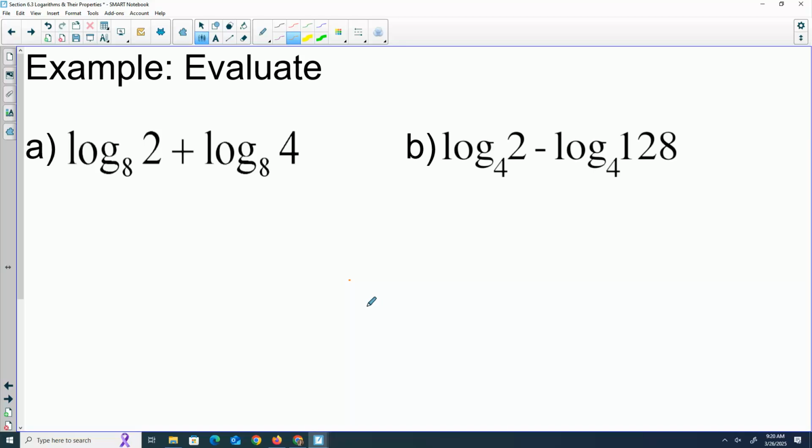We could try to evaluate each of those separately and add the answers together, or we could use our properties of logs. If these logs are added, how do you combine them? The log base 8 of 2 times 4. 2 times 4 is 8. What is log base 8 of 8? 1. Okay, so sometimes it's easier to use those properties at the beginning.